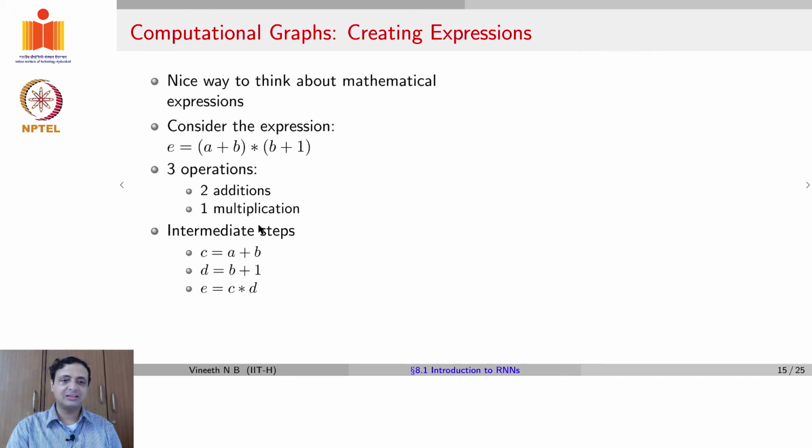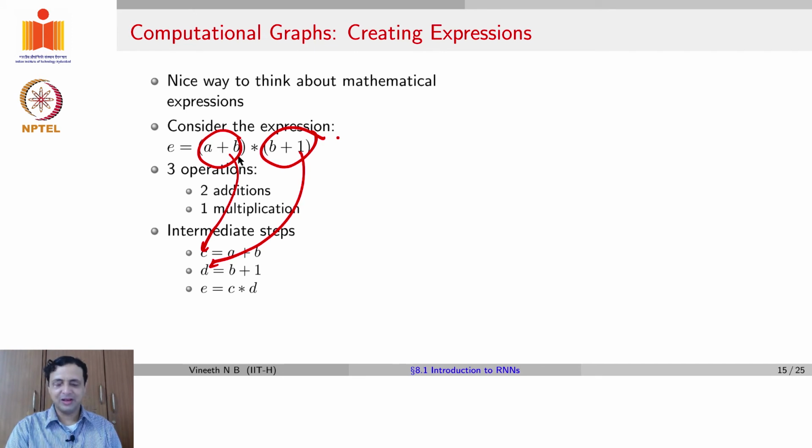One could write this entire expression as a sequence of intermediate operations. You can first say C = A + B, D = B + 1, and E = C * D, which is your final output. So the first term is C, the second term is D, and then you finally multiply the two to get E.